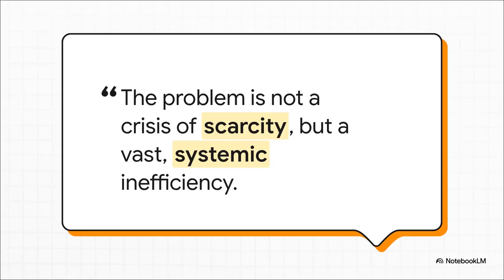And this all leads us to one fundamental diagnosis. Our problem isn't a crisis of scarcity. It's a crisis of vast systemic inefficiency. We aren't running out of energy. We are literally surrounded by a colossal untapped reserve. The thermal energy in our atmosphere alone represents something like 40,000 exajoules. The problem is our entire energy architecture is blind to it.